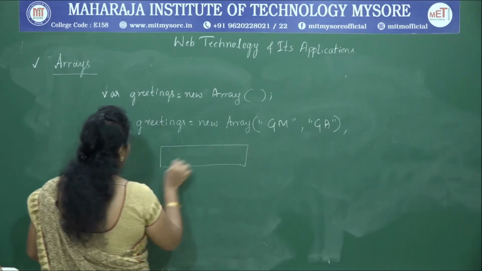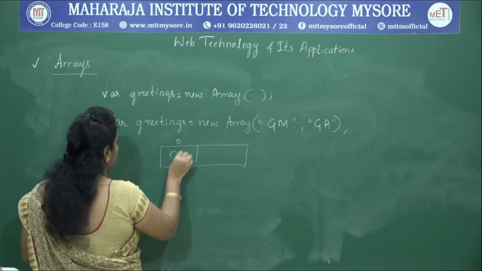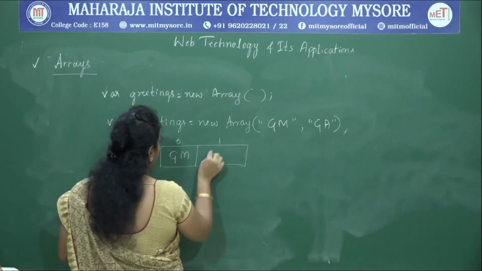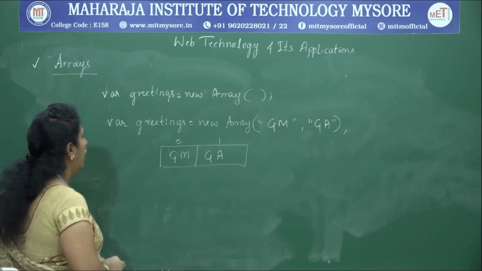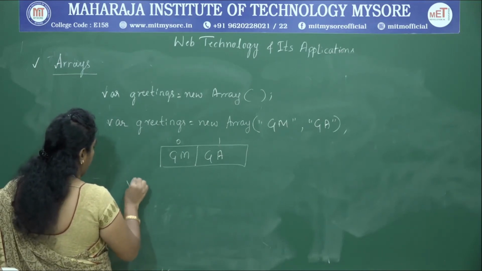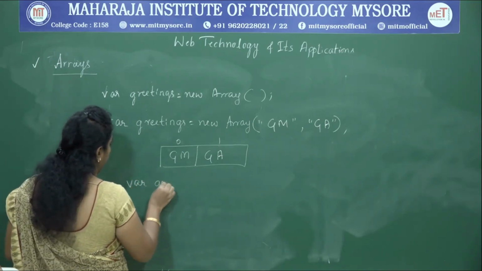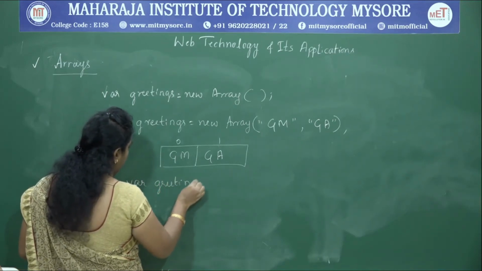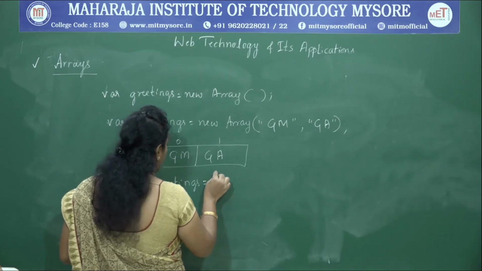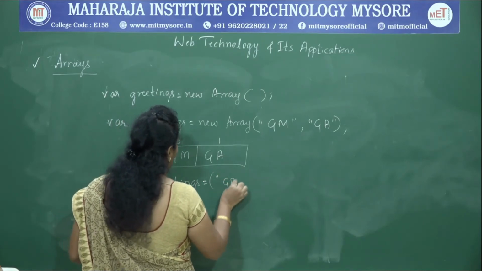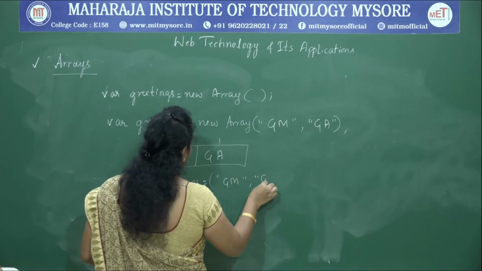Okay, so now it looks like this. In 0th index, good morning is stored, and in first index, good afternoon is stored. I can also write it in this way, where greetings equals, in this way, good morning and good afternoon.